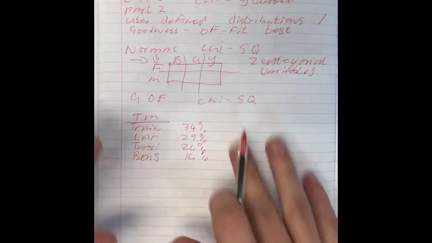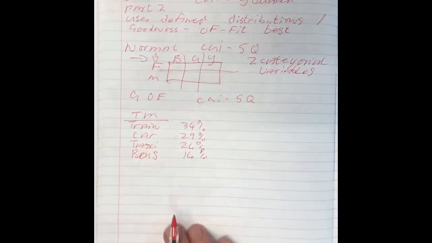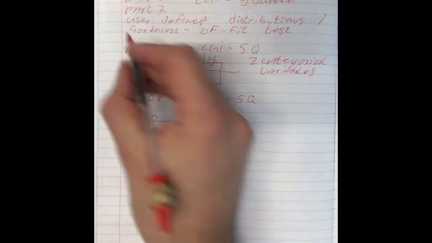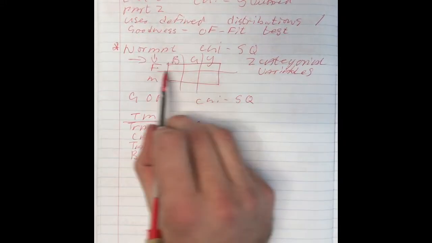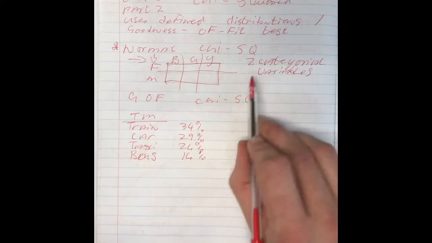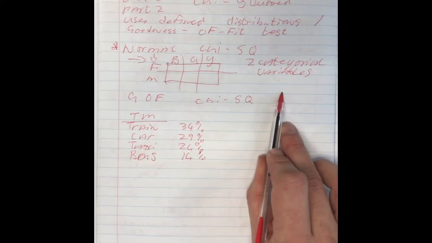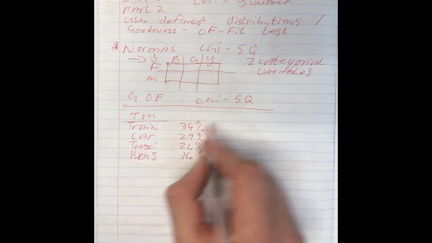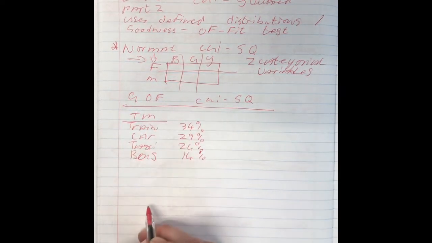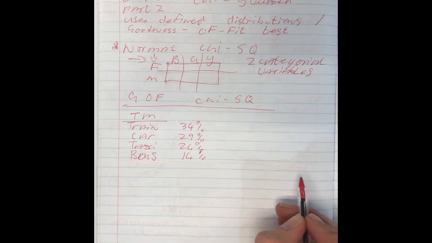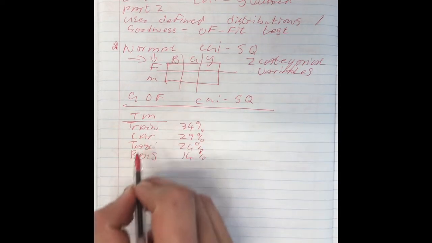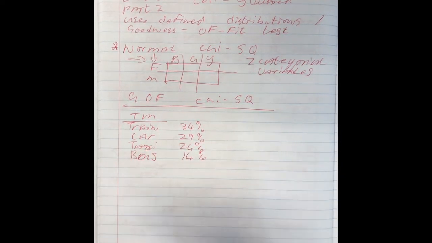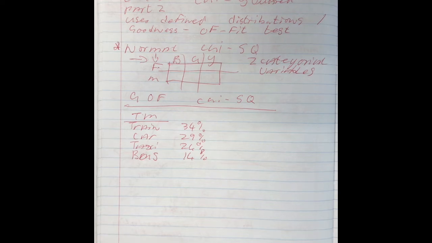The data will be presented in a different structure. For your normal chi-square, you will have a two-dimensional table where you're working with two categorical variables. For your goodness of fit chi-square, you will only have one categorical variable and different categories or classes, as they refer to it.